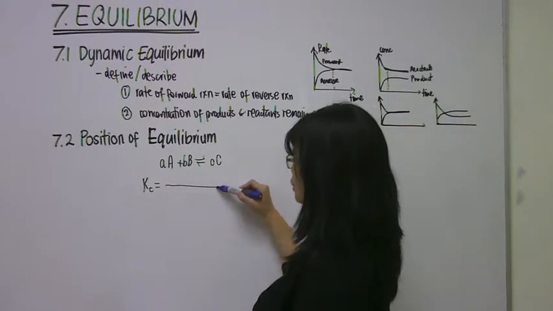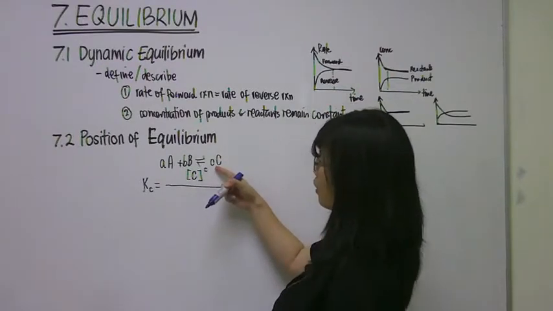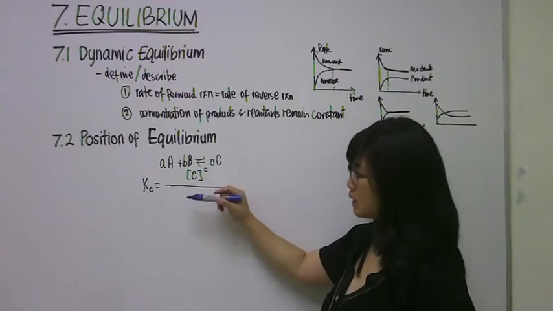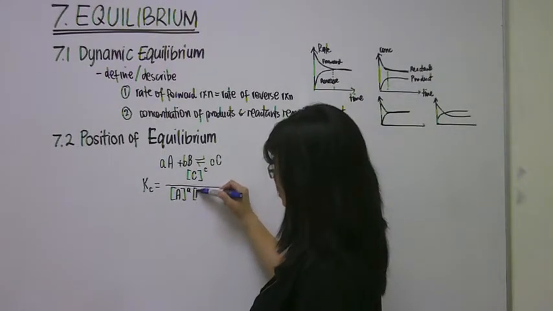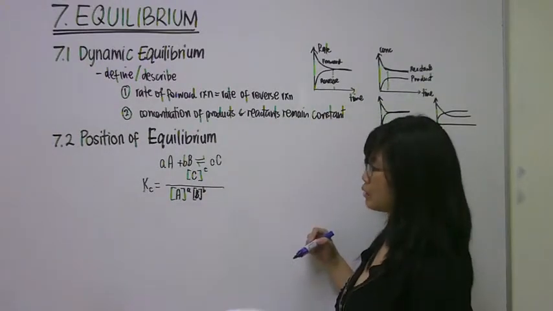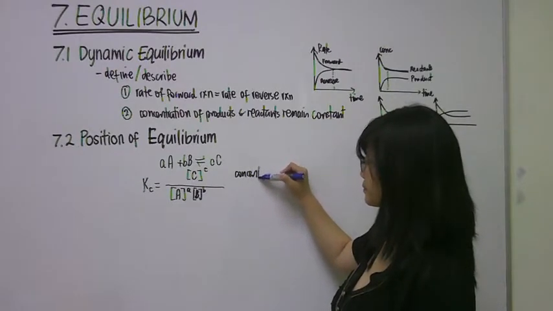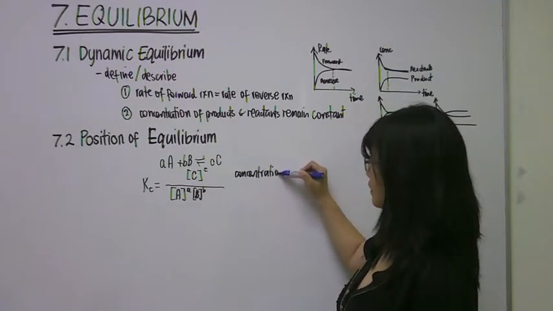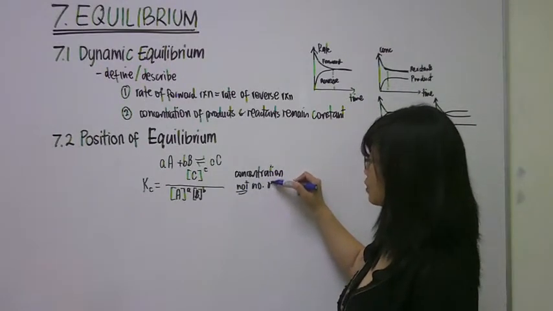So it will be a ratio of the concentration of the product raised to the power of the stoichiometric coefficient over the concentration of the reactants to the power of their stoichiometric coefficient. Okay, so remember that this must be concentration and not number of moles.